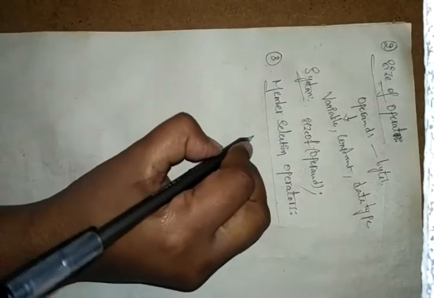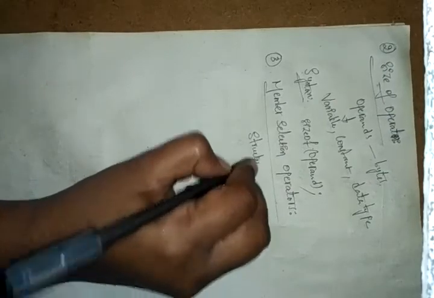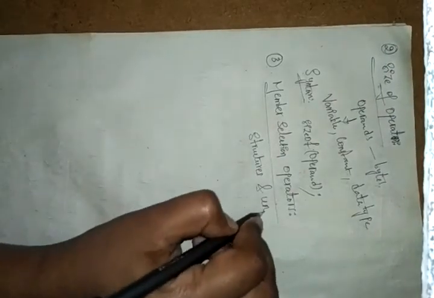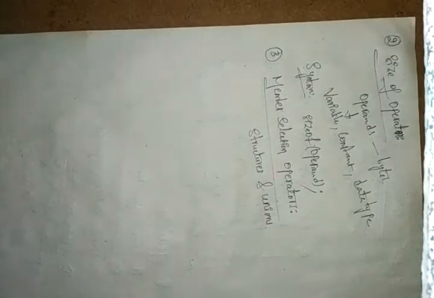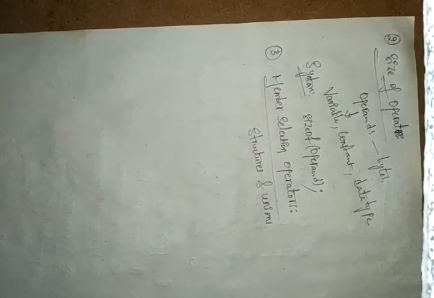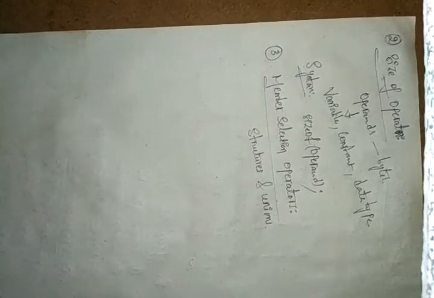This member selection operator is used to access the members of structures and unions. We have the structures and unions topics, which I will discuss when we reach those topics.